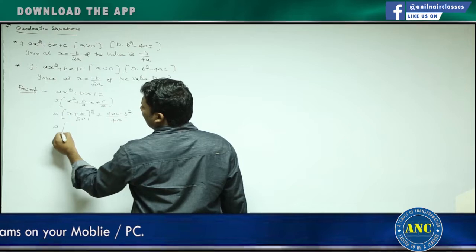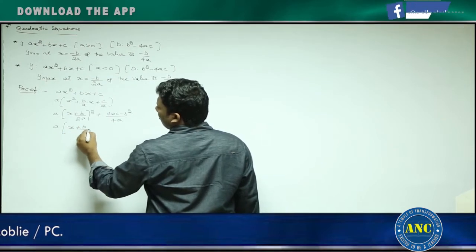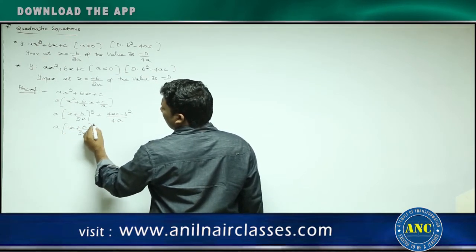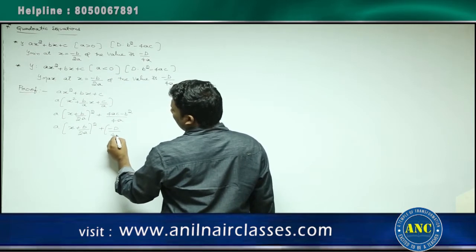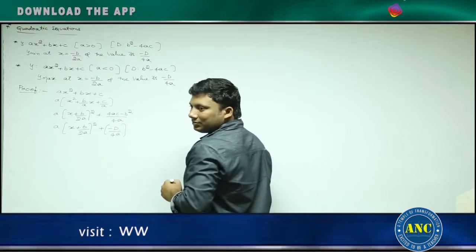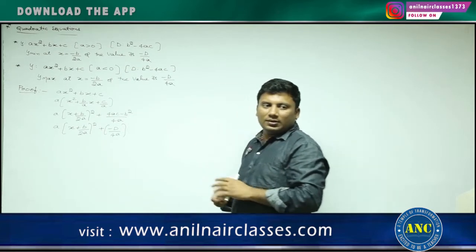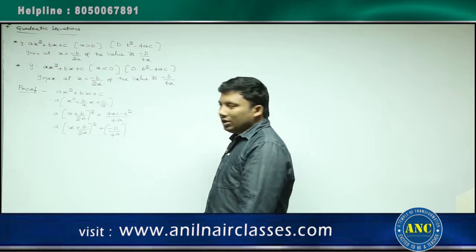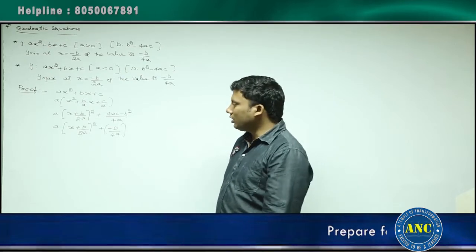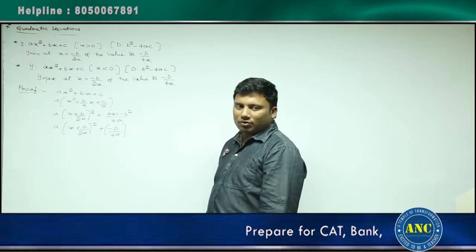If you simplify it, you will get a into x plus b by 2a whole square plus minus D by 4a.